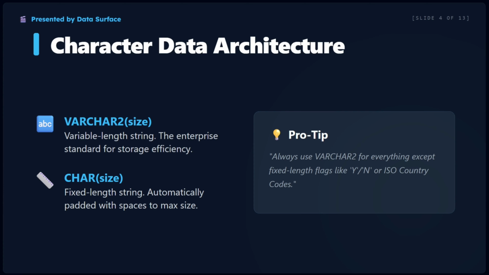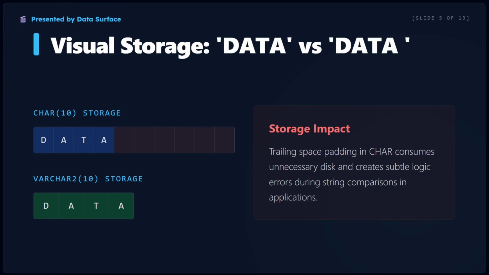So what is the difference between VARCHAR2 and CHAR? Let's see a quick example. In this example, look, I have different character data types. 10 is the storage size, and I have stored data of only 4 characters.